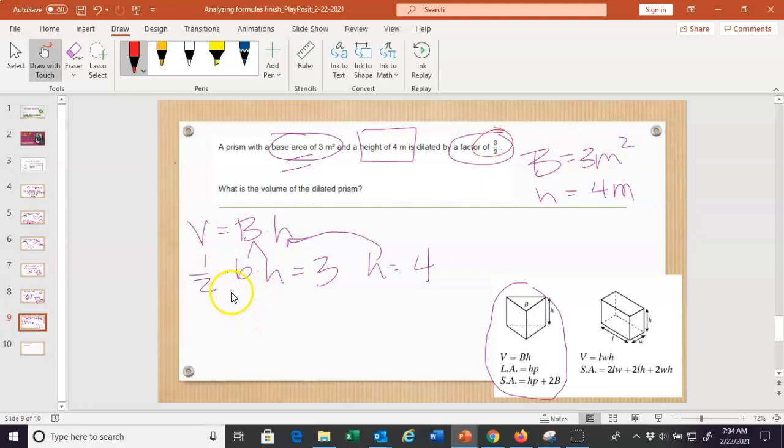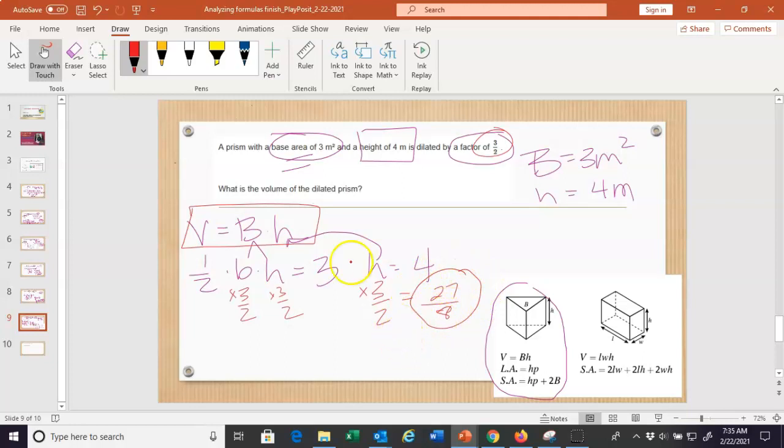And there are 3, here, here, and here, because they're all used in this volume formula. Remember, the big B has its own H, and then the volume formula has its own H. So we're going to multiply everything by 3 times 3 times 3, that's 27, and 2 times 2 times 2 is 8. This is our sort of combined dilation or scale factor that we're going to multiply everything by.